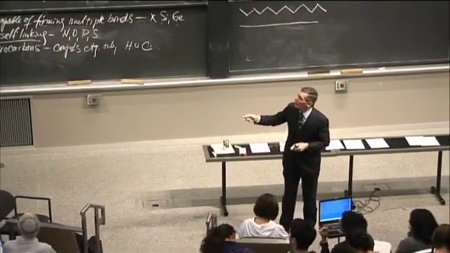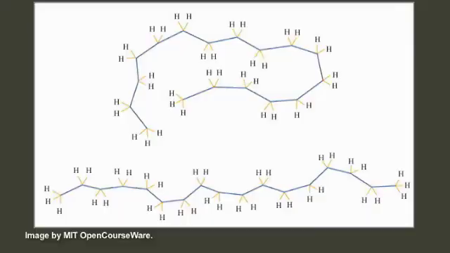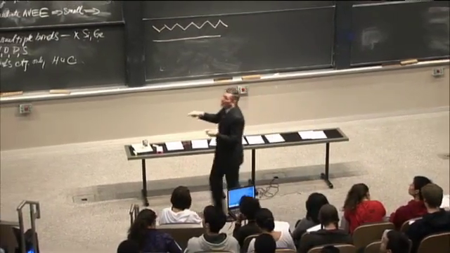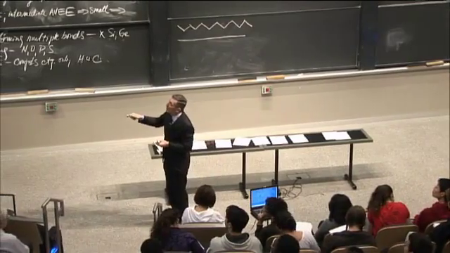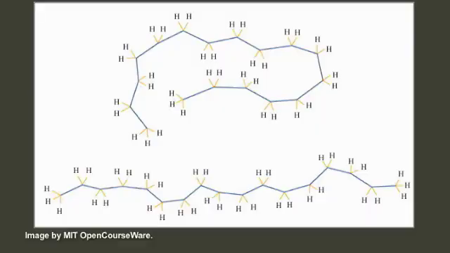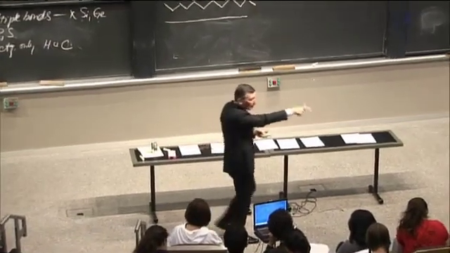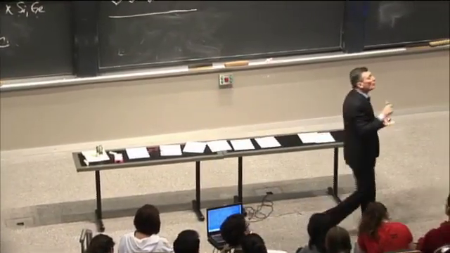Whereas the lower one, you can see there's a fair bit of stagger, and as a result, the backbone can actually loop back on itself. But in both cases, we still call these straight chain. They're still straight chain because as you start at one end and go from carbon to carbon, you linearly go to the other end. It doesn't mean it's straight, like straight as an arrow. It just means there's no branches.